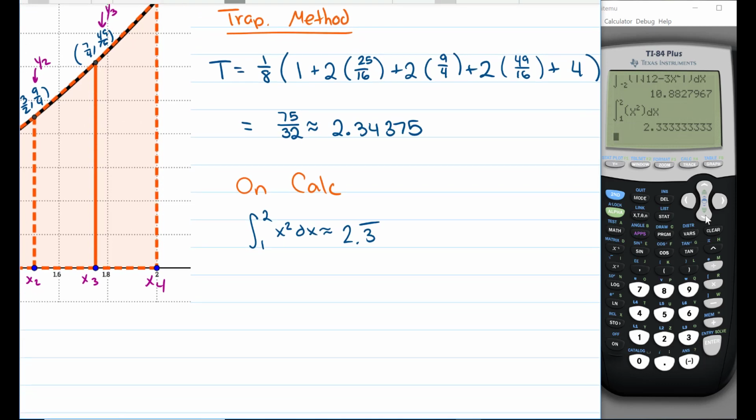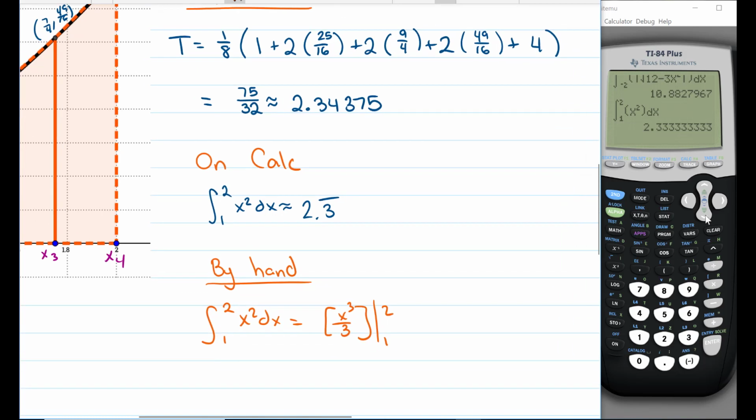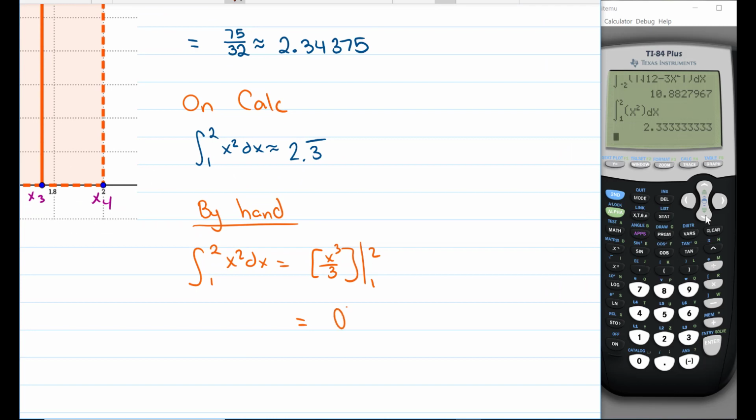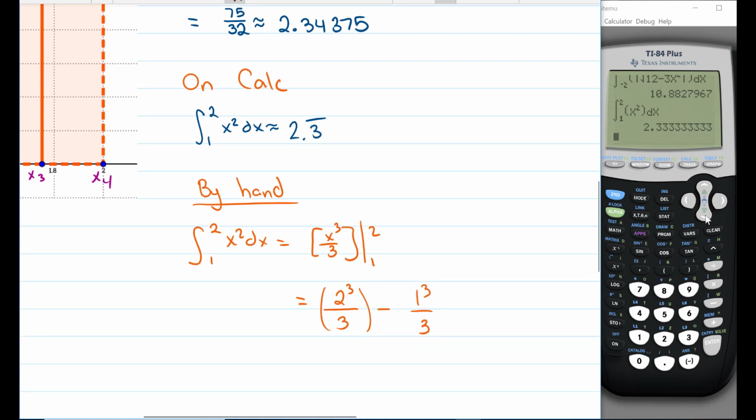Now we're going to do it by hand. And you get the integral from 1 to 2 of x squared dx is equal to x cubed over 3 from 1 to 2, which is equal to 2 cubed over 3 minus 1 cubed over 3.